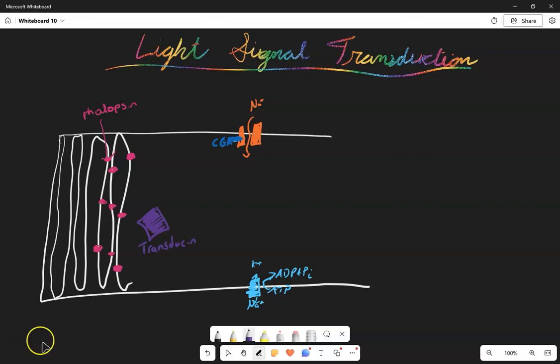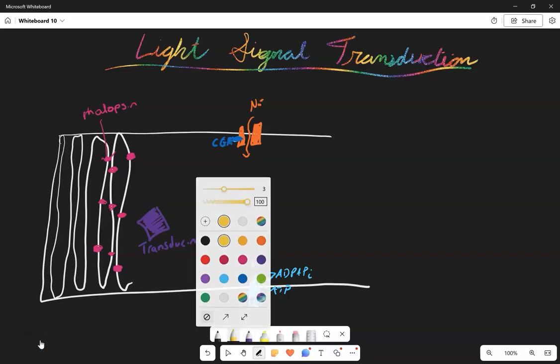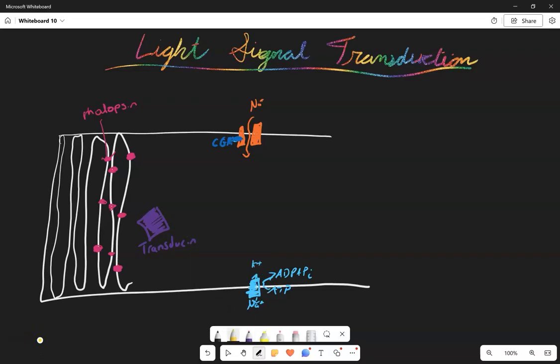All right, now, here's where things get fun. We're going to bring in light, and what happens is light is going to hit this molecule of rhodopsin, and the energy from the photon is going to cause a component of that rhodopsin known as retinol to change from its cis form to its trans form. So it's going to go from cis retinol to trans retinol.